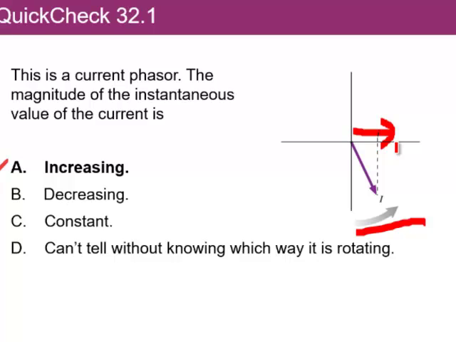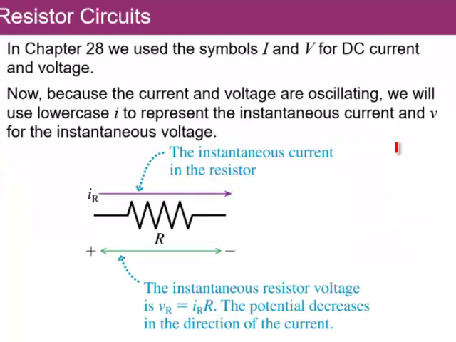All right, so now we are going to include elements or components in our circuit connected to the EMF. For resistors, we'll be interested in the voltage across the resistor as well as the current going through the resistor. We're going to change notation slightly. Instead of capital I, we're now using lowercase i.